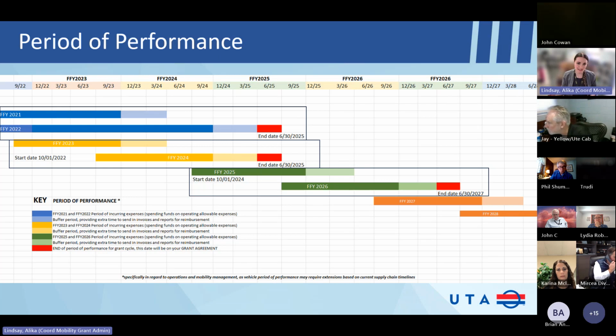We had so many issues getting vehicles that we had to keep pushing our period of performance date. But that is just for capital. So we're going to try to make it more clear this time on your grant agreements and separate operating from capital. Okay. So if we have to extend the period of performance date for capital, that shouldn't affect when you are incurring costs for operating, right?